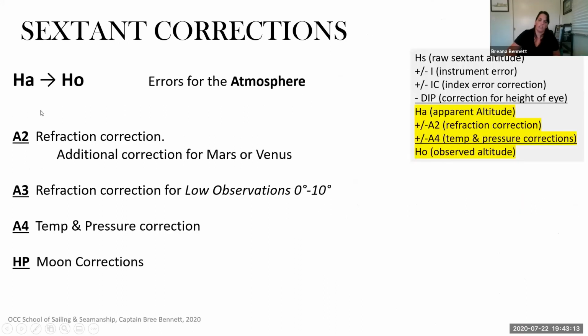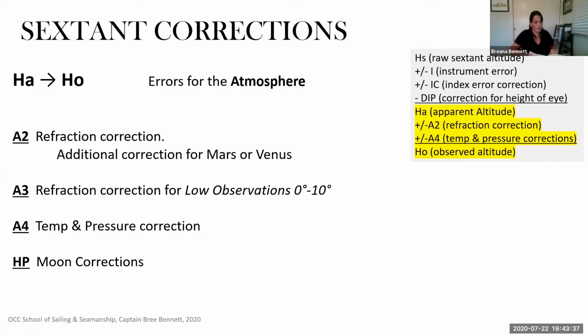Okay, so this is our portion of going from HA to HO. So this is that apparent altitude to our observed altitude, looking for things in the atmosphere. So this is where we get real into the Nautical Almanac again.